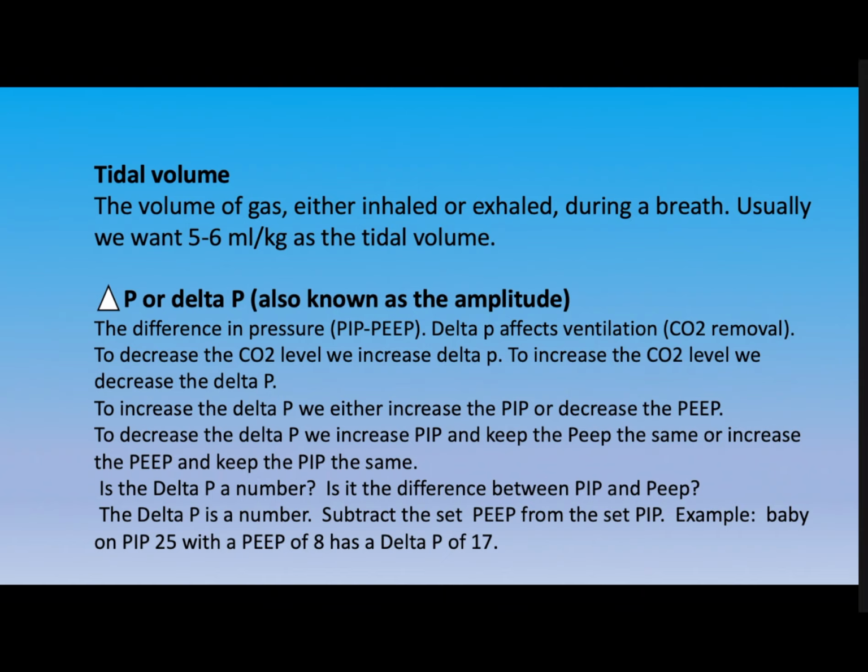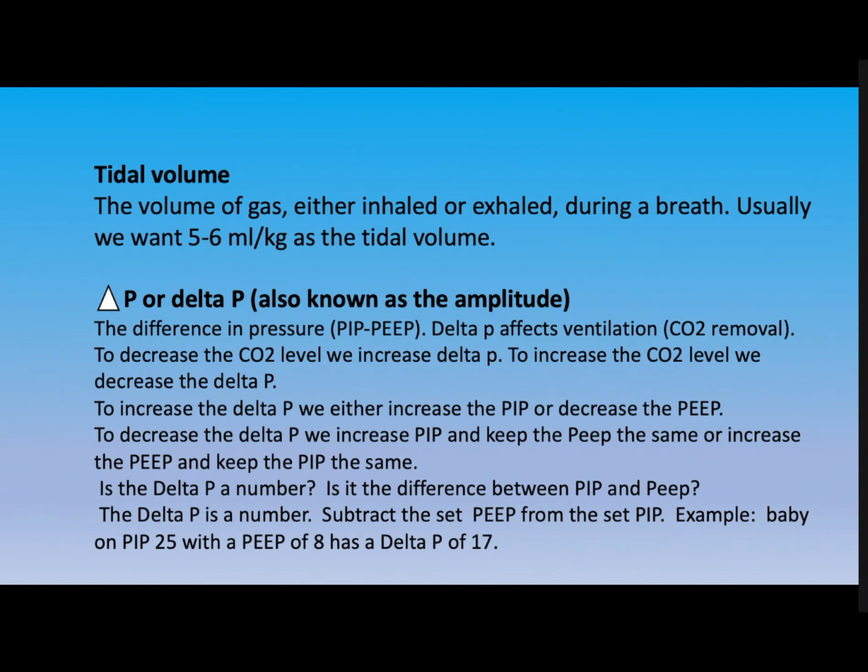Usually, we want the tidal volume to be around 5 to 6 mLs per kilogram. Sometimes with different diseases, they need a higher tidal volume, but we start around 5 to 6 mLs per kilogram. If we are looking at the ventilator and we say the tidal volume is too high, it means that we're giving too much volume to the baby and will lower our support.